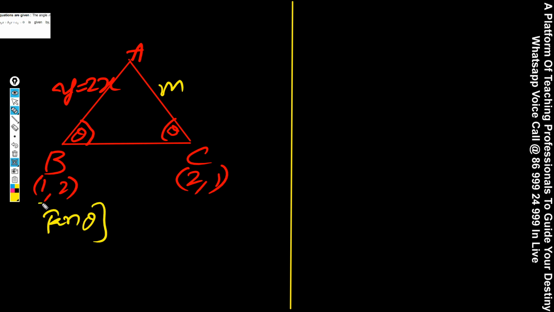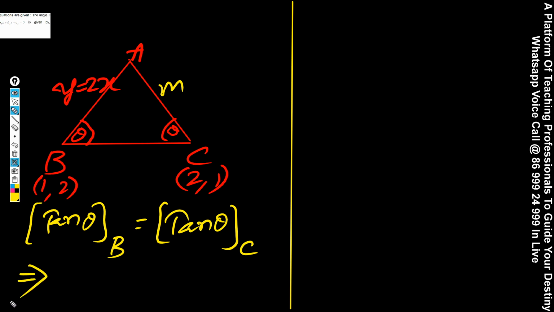Tan theta at B is equal to tan theta at C, which implies at B, its slope is 2. Write this: (1 - 2) by (2 - 1). Its slope is minus 1.